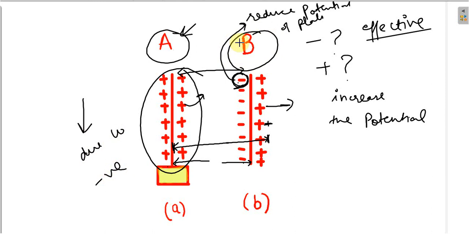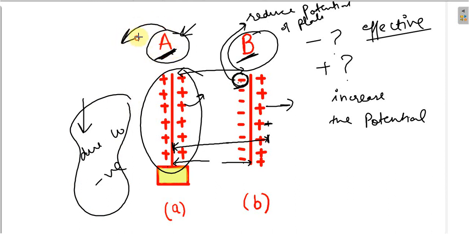So if the potential is decreased, we can give more charge to plate A. Because of the positive plate A, negative charge is developed on B, and due to this negative charge the overall potential of plate A gets reduced. So now plate A has the capacity to take more charge until it reaches maximum potential.